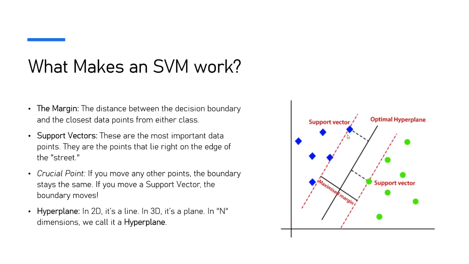These closest data points are called support vectors. The boundary is called a hyperplane, and the distance between them is called the margin. Since for now we are dealing with 2D, this can be called a line, but if you go to 3D or a higher dimension, it becomes a hyperplane.